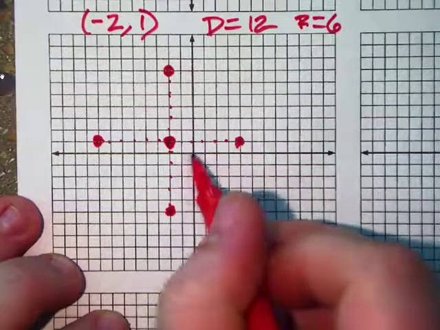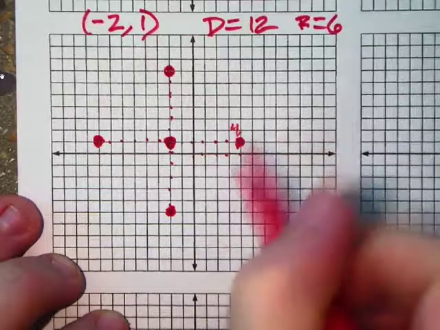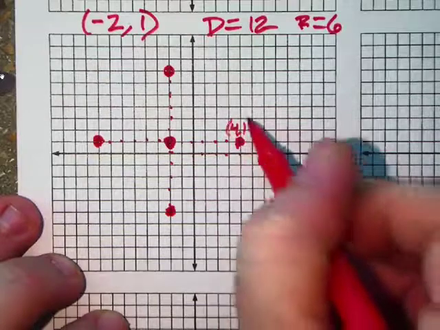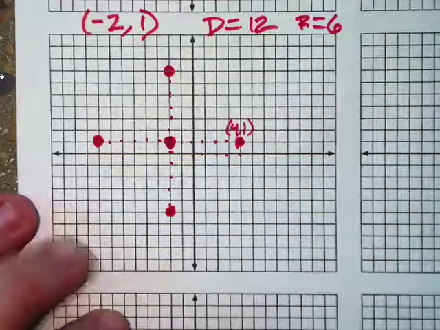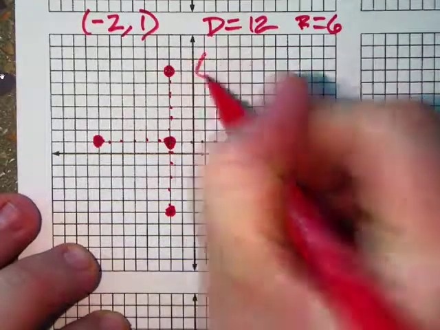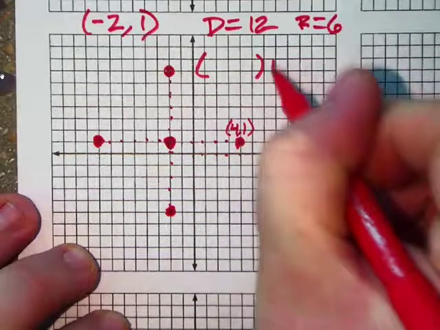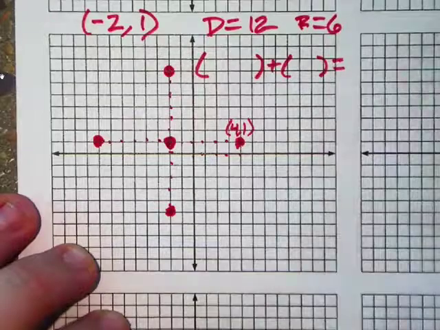For example, 1, 2, 3, 4, comma 1. That would be one of the points. Now we need to know the equation. So we've got 2 parentheses separated by a plus, equals the radius squared.